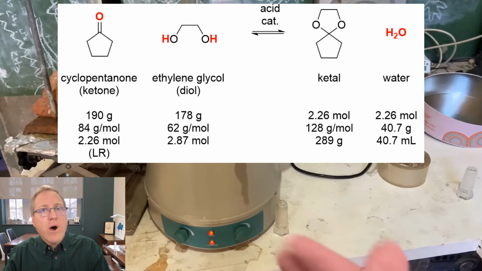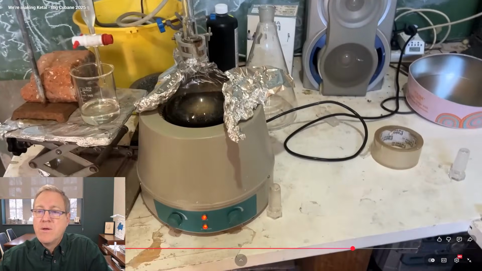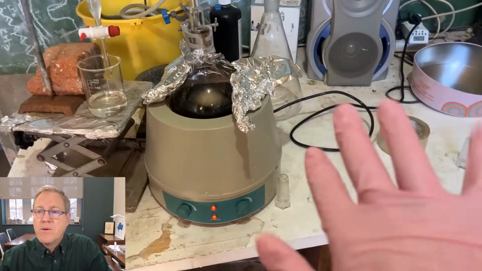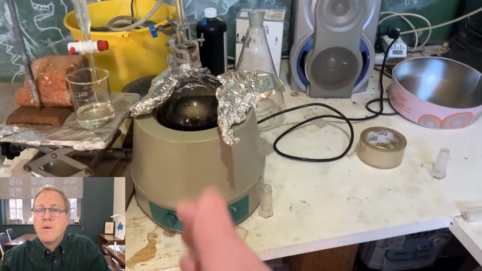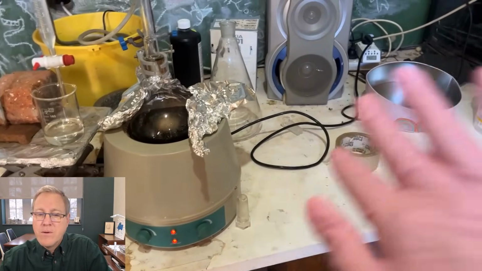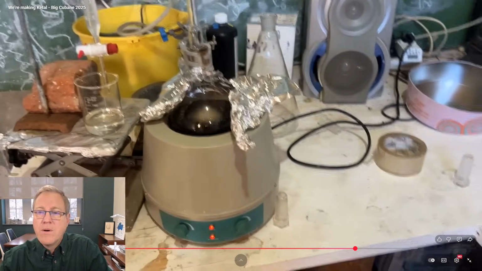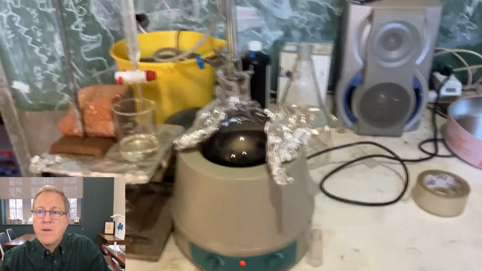And so he's going to do a water wash, a water extraction to get rid of that excess ethylene glycol. And then hopefully he'll just have his product to purify. Leftover ethylene glycol and cyclopentanone, we don't have to really worry about that so much with the distillation. There's probably just going to be some residual toluene and our end product. And the toluene will boil a lot earlier than our end product will, so they should be easy to separate.